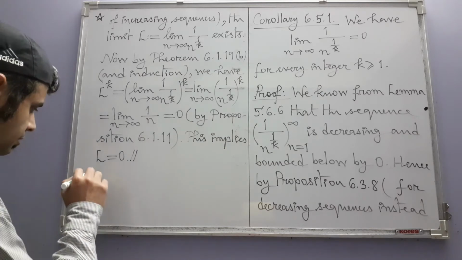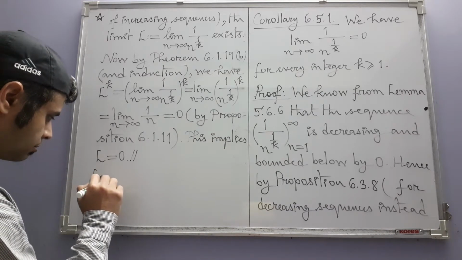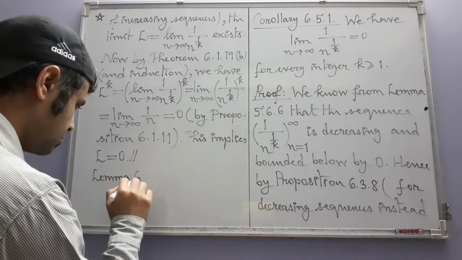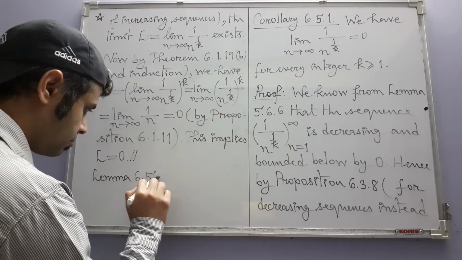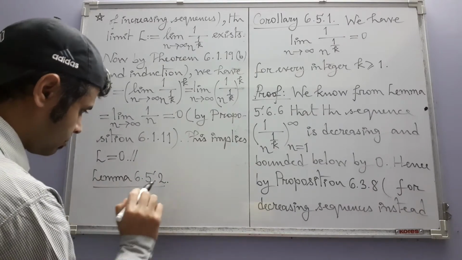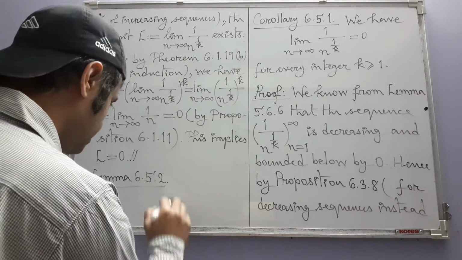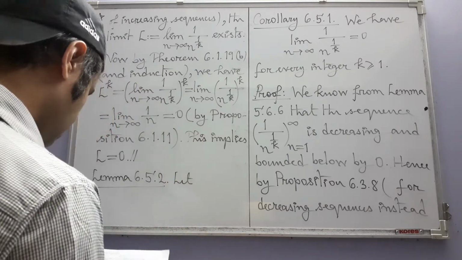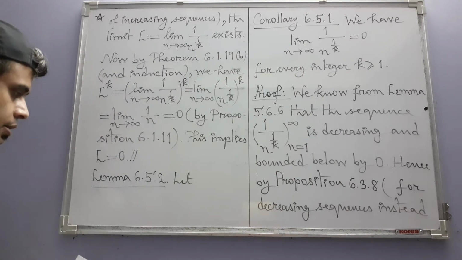Then there is another one. This is lemma 652. Let x be a real number. This is also one limit that we very frequently use in analysis.